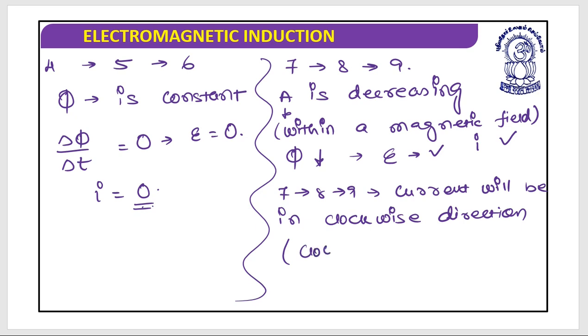Because clockwise direction will produce a magnetic field inside the plane of the paper. I hope this is clear. Yes, have you got this? Do you understand this completely? Any doubts in this? Is there anything?